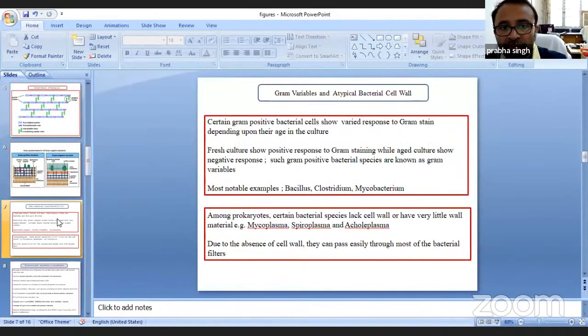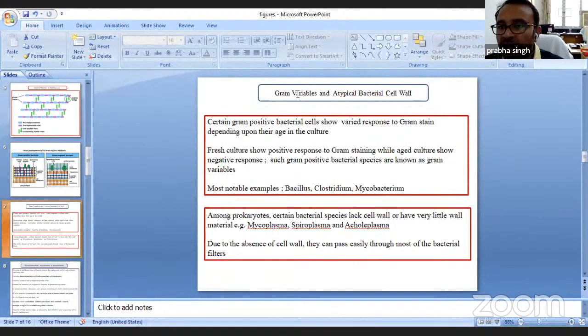Okay. So there are certain cells which we call gram variable. Typical bacterial cell wall. So gram variable, as the name suggests, means that certain gram-positive bacterial cells show varied response to gram stain depending upon their age in the culture.